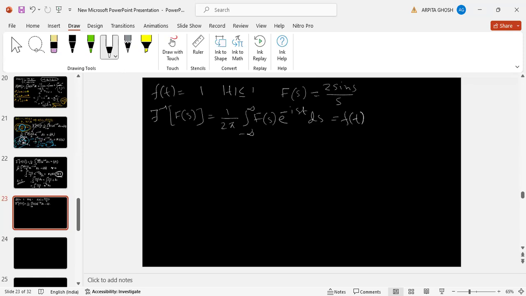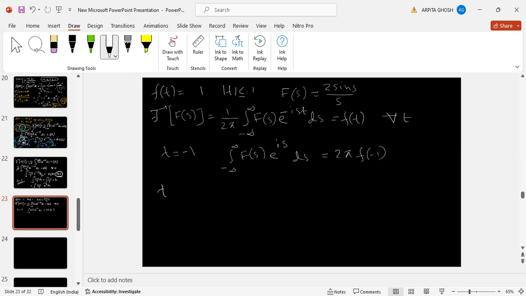This is for all possible values of t. Let us start with t equal to say -1. Putting t equal to -1, the integral from minus infinity to plus infinity of F(s) into e to the power is ds will be equal to 2 pi into f of -1.